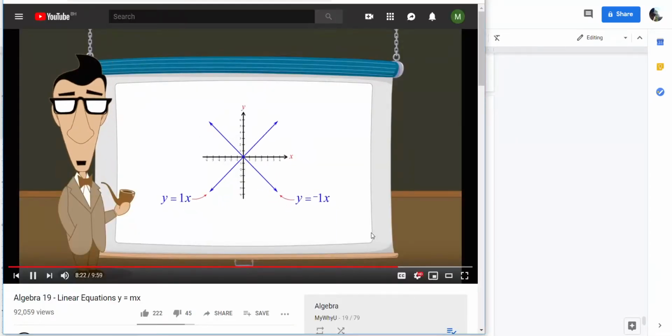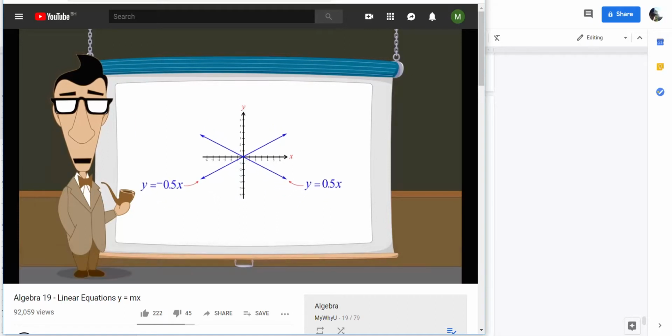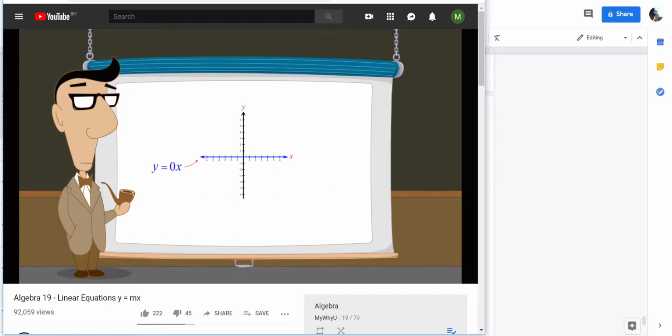The smaller the magnitude of the x-coefficient, the smaller the slope. And when the x-coefficient is 0, the slope will be 0, and the graph is a horizontal line.